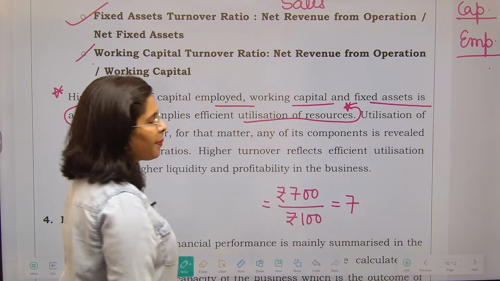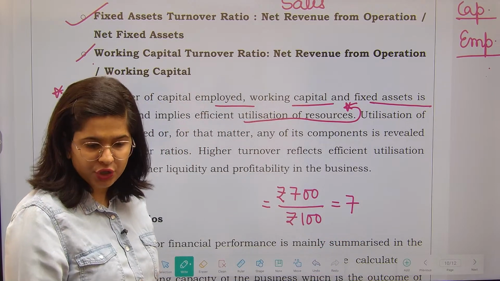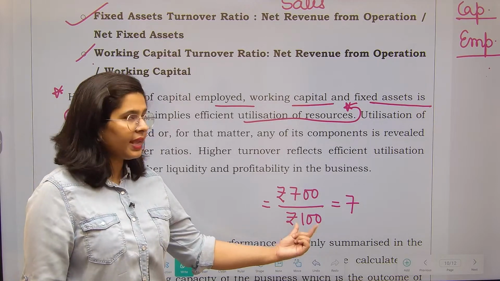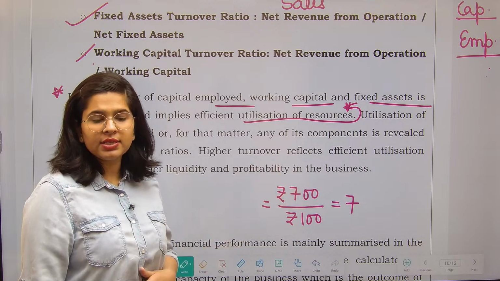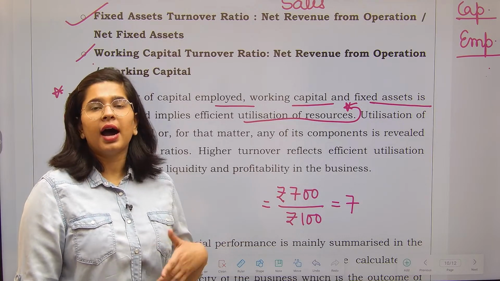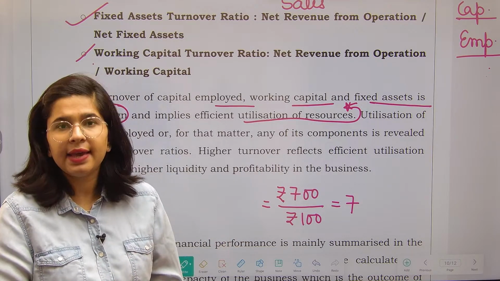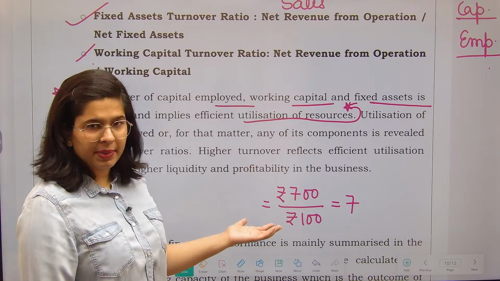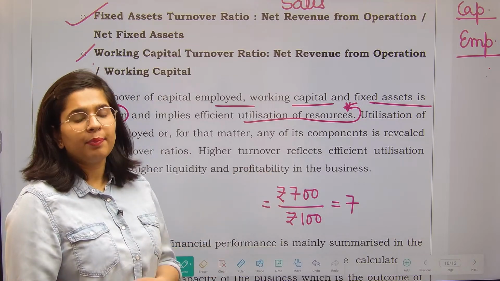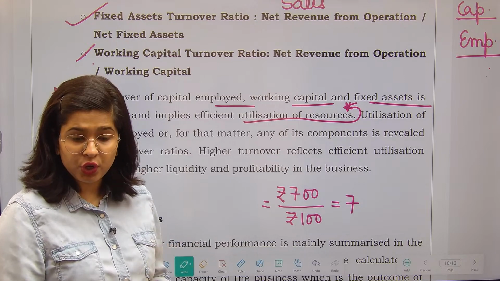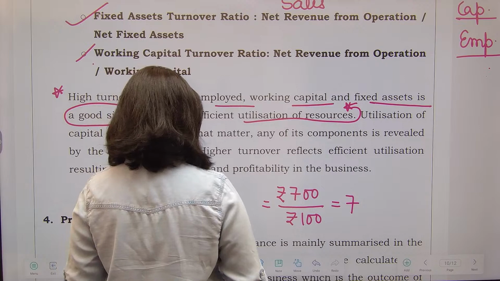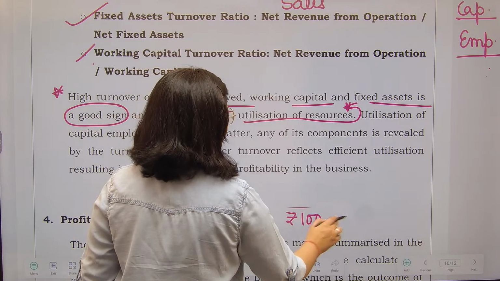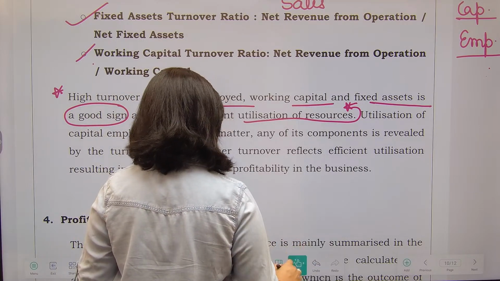It is the high capital employed turnover ratio. It means I am using my capital in a much more efficient way, because I am able to earn a higher amount of sales. Okay? So a high capital employed turnover ratio is always good. It represents your efficiency. Now next, we will be moving on to the profitability ratios.